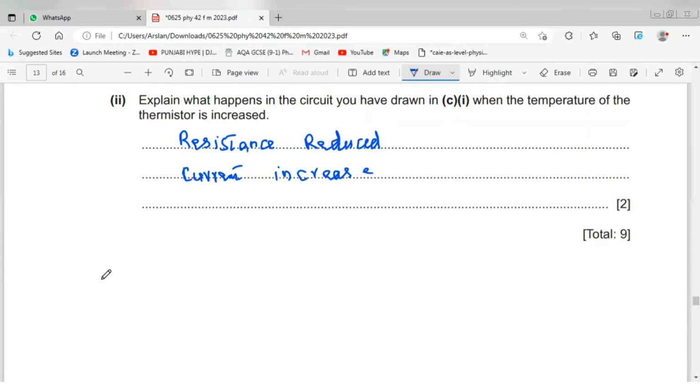When current increases, you can write that the lamp will glow more brightly due to low resistance. So you will get 2 marks.